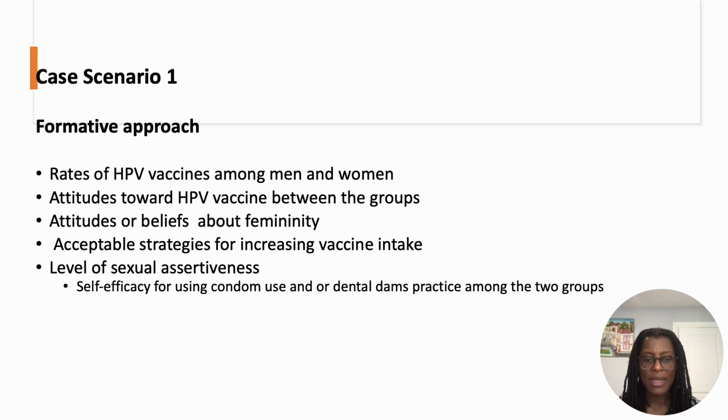But also, it may be that you see differential rates, let's say men tend to have a higher vaccination rate than women, which is surprising, because the HPV vaccine tended to be targeted among women, and it was not until later that the HPV vaccine was made available to men.